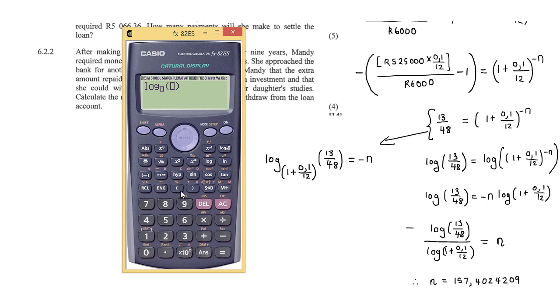Your base in this case is this bracket, then your argument is 13 over 48. You press equals, and you get that negative sign. You obviously are not going to have negative payments, that's why you have that negative in front of the n there. You then divide by your negative 1. That gives you the same n value.